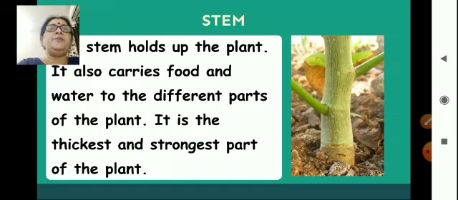Roots get water and nutrients from the soil, and stems carry water and nutrients throughout the plant. So the second part of a plant is stem.